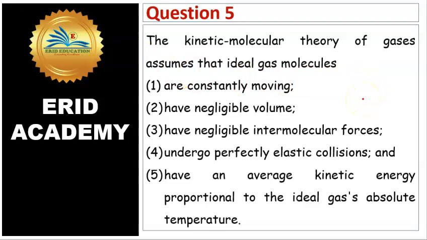The kinetic theory of gases assumes some 5 basic things about ideal gas molecules. Number 1, the gases are in a state of continuous motion. They are moving randomly, the volume of the gas is negligible, and they have negligible intermolecular forces, which includes both forces of attraction and forces of repulsion.